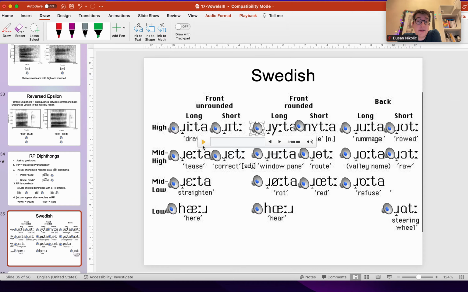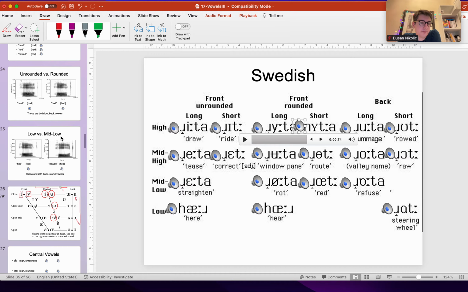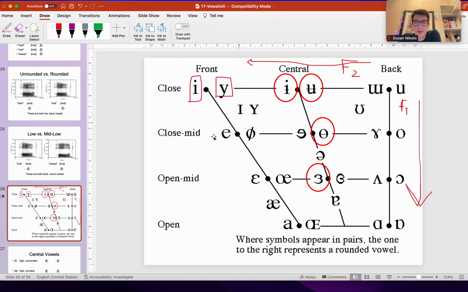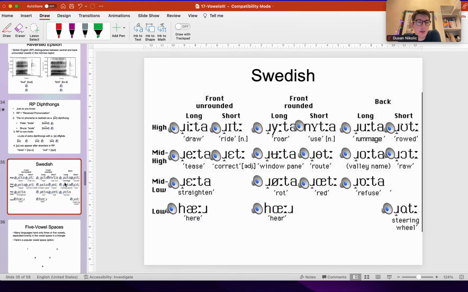Now front rounded vowels would be Rita. rita, Nytta. nytta. Yeah, this one will be short, and this one is here, right? There. Okay. Ruta. Ruta. Okay.